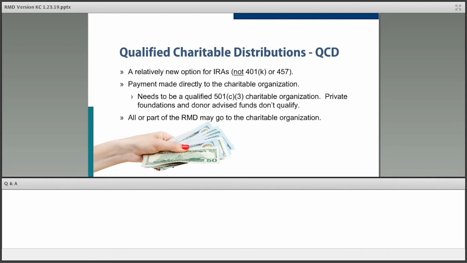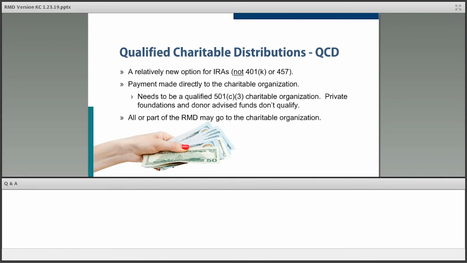One other item that's really important to keep in mind is this: if I wanted to, say for example, take a qualified charitable distribution this year, being 2019, but I've got all my money in a 401k or 457 account right now, well, I've got to open up the traditional IRA account and move the money from the 401k or the 457 to the traditional IRA account this year.